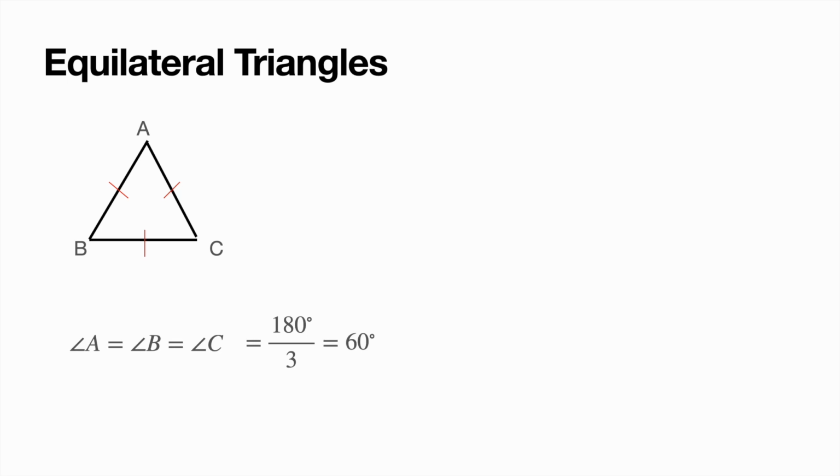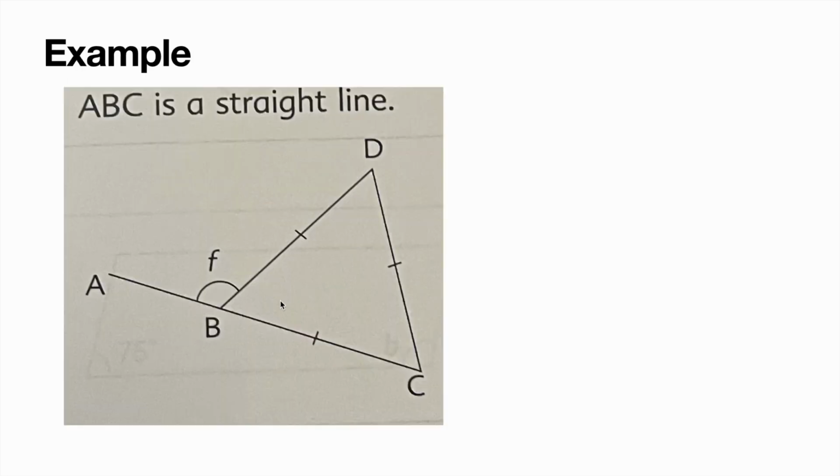Let's see an example. So here we know that ABC is a straight line, and we want to find angle F. And in this triangle, DBC, three sides are the same. So from there, we know that this triangle is an equilateral triangle. And we will know each interior angle is 60 degrees.